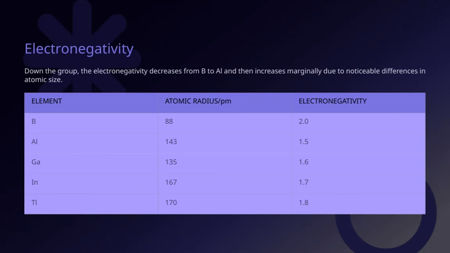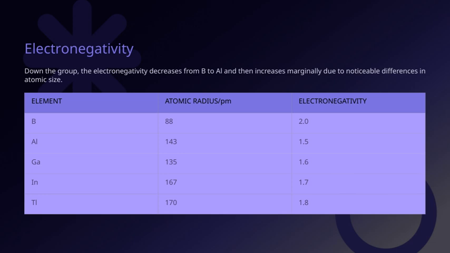As we move down the group, we notice a trend in electronegativity that initially decreases from boron to aluminum. This means that as we go from B to Al, the atoms become less eager to attract electrons in a chemical bond. However, then there's an interesting slight increase in electronegativity from aluminum to gallium, and it continues to go up marginally through indium and thallium.